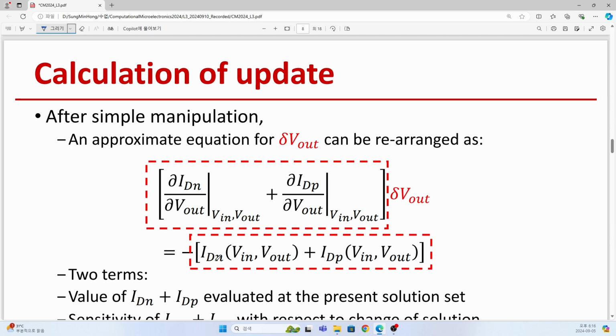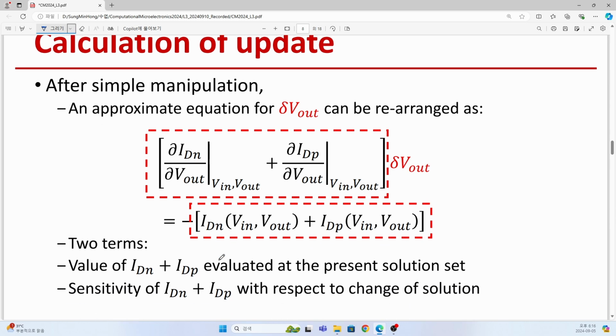Once we have this approximate equation, then as I told you before, now we can make this manipulation. Our unknown variable contains a certain coefficient, and they are related with the first derivative of our nonlinear functions.